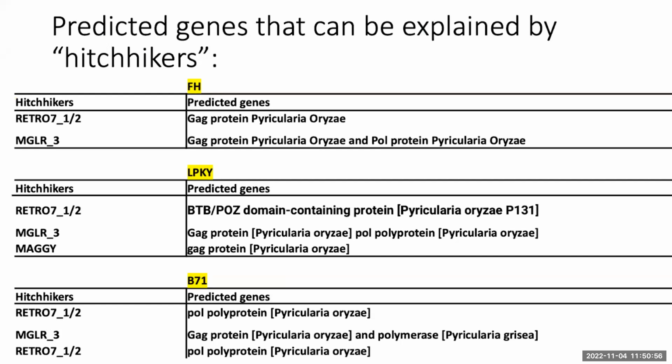So then I went about looking at the rest of the genomes and looked at FH, LPKY, and B71 and saw that they had some similar transposon activity, retrotransposon activity in here, and then MGLR3 was shared amongst all three, but LPKY had a different transposon, Maggie, and B71 had a Retro 7, 1, 2 at the end.